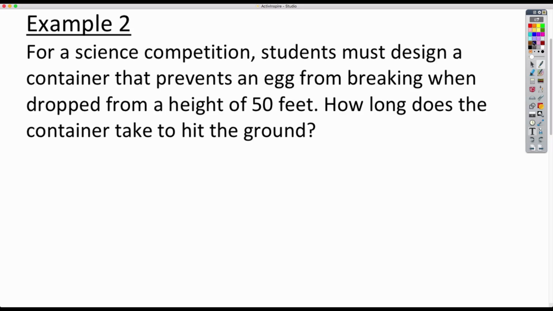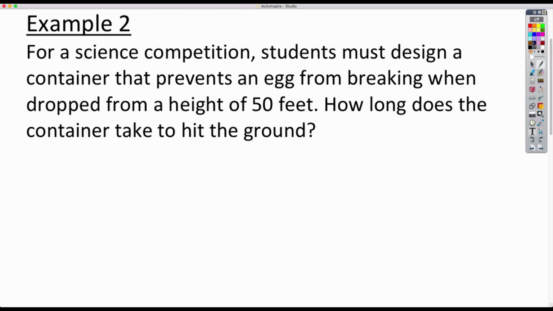It's really interesting. So students have to design some sort of container that prevents the egg from breaking when it's dropped from a height of 50 feet. How long does the container take to hit the ground? Now, we're taking out of the scenario friction, air resistance, and all of those things. We're keeping it simple. This is not a study in science. This is a study in mathematics.